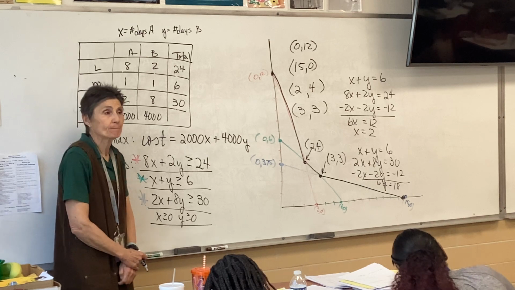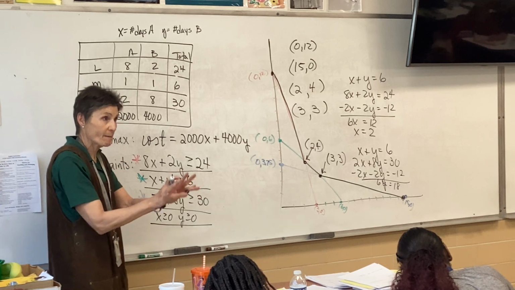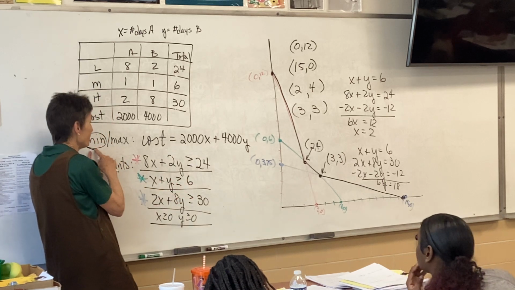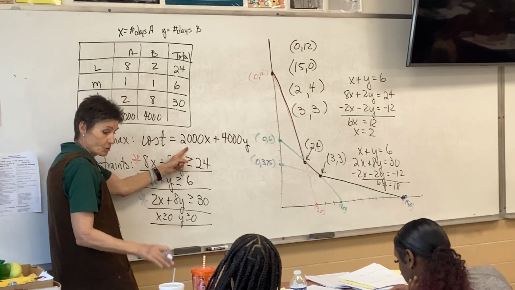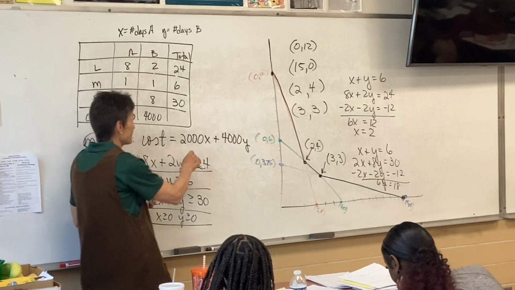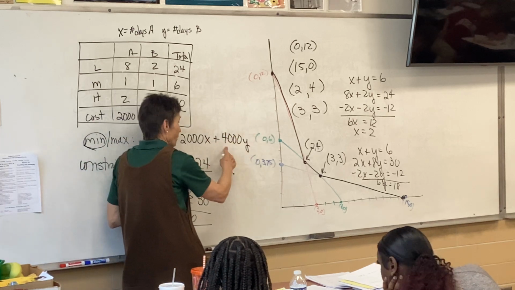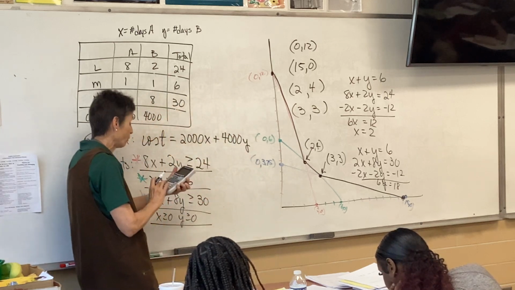Where do I go from here? I've got to figure out which point is the best, and what does it mean to be the best? It means you minimize the cost. So we're going to take each of those points and plug in 2,000 times the x and 4,000 times the y, and that's going to give me the cost of that point.